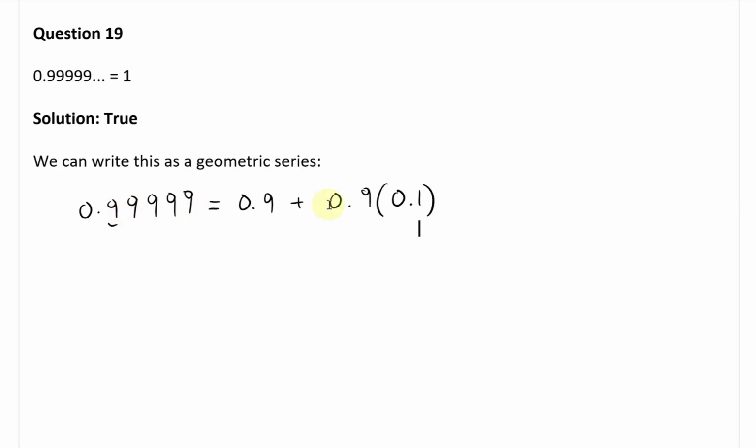We'll just leave it at 0.1. So 0.1 times 0.9 is the same as dividing by 10.